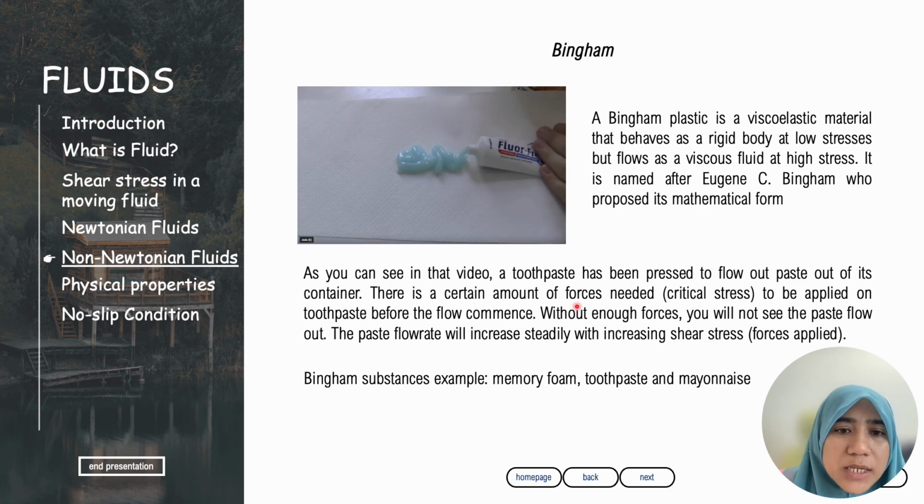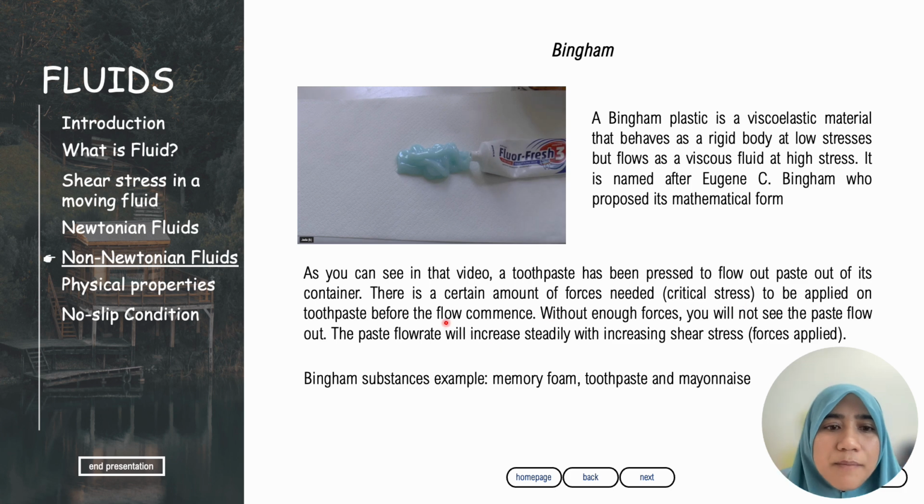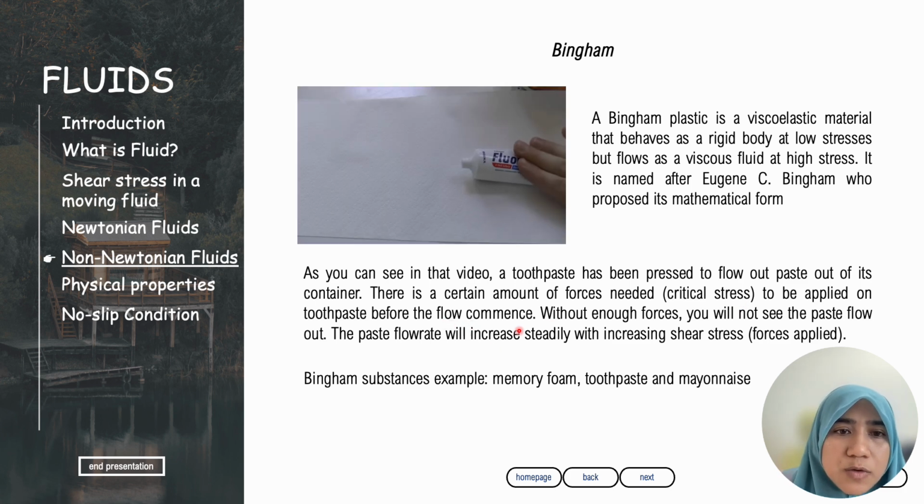Certain forces, or what we call critical stress, must be introduced before the flow can commence. Without enough force, you will not see the paste flow out. Other examples are memory foams and also mayonnaise.